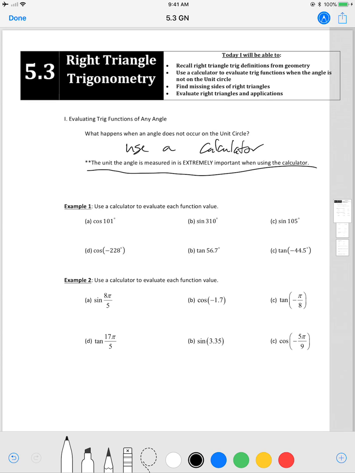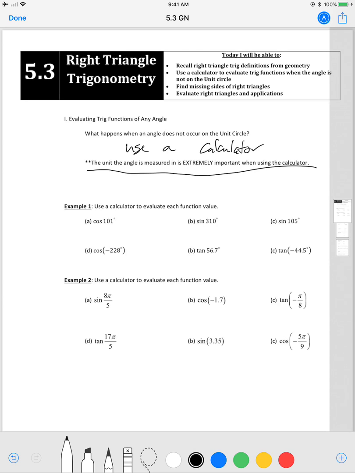But make sure that you're in the right unit. The cosine of 101 degrees is very different from the cosine of 101 radians. And your calculator will calculate whatever mode it's in. So please, I guarantee someone makes a mistake like this on a test or a quiz. Do not be that person. Check your mode.